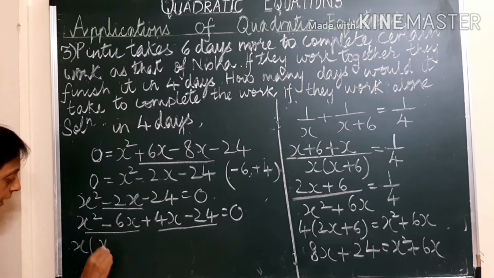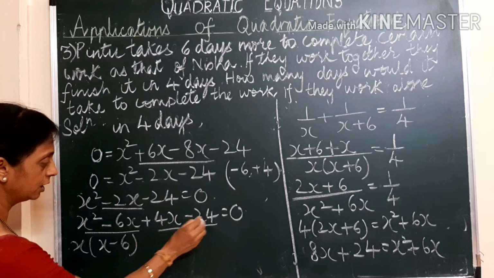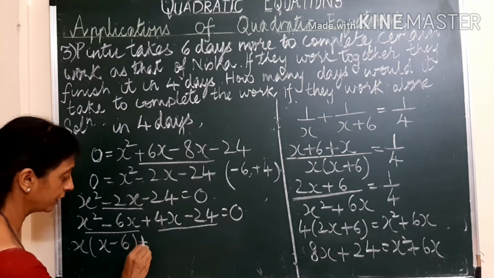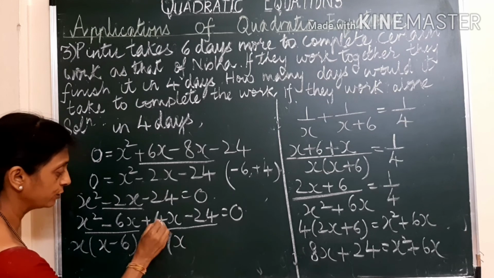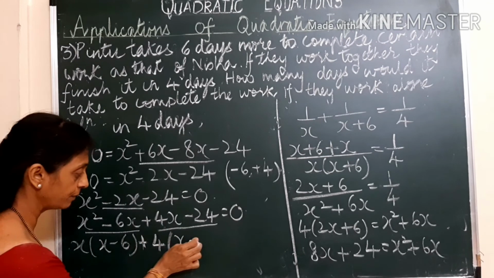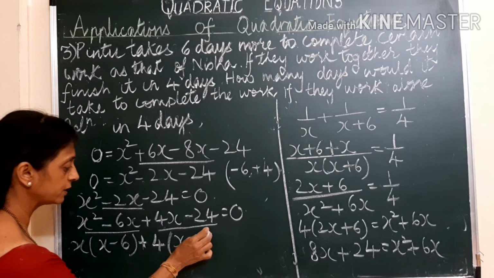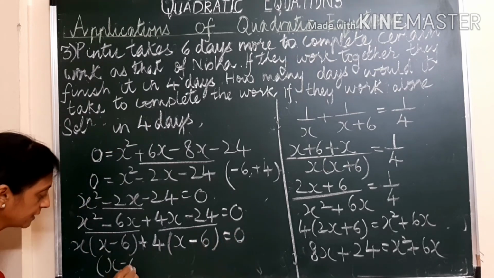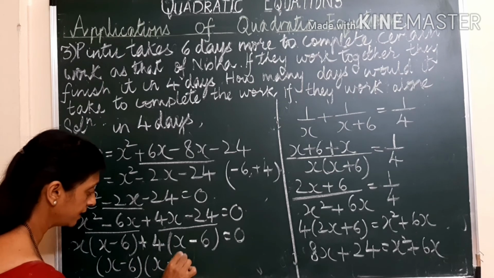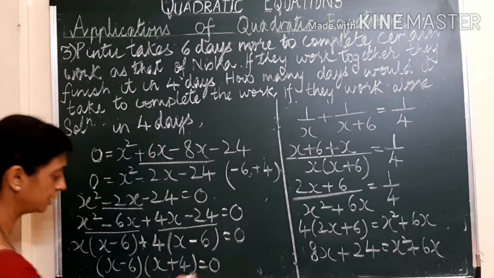X into bracket x minus 6. Here you can see plus 4 can come out common into bracket. 4 into x gives you 4x, plus into minus will give you minus, and 4 6s are 24. So you are left with x minus 6 into x plus 4, which is equal to 0.